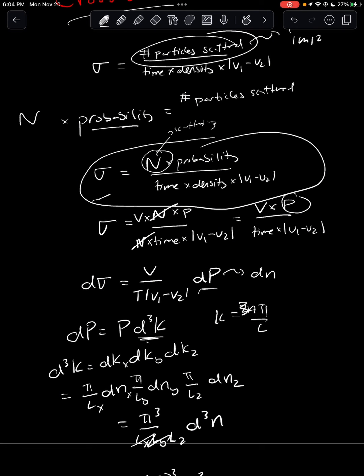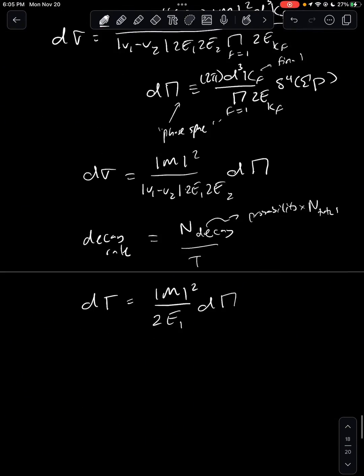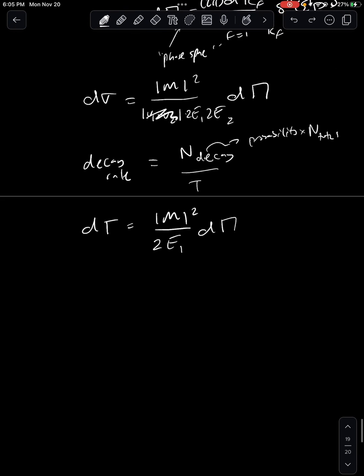The only difference is that we don't have the density and this weird thing over here. So it makes sense that our final answer should just be the same thing, but not include this, and should only have one of this, since we only have one particle coming in. So yeah, that's pretty much it.